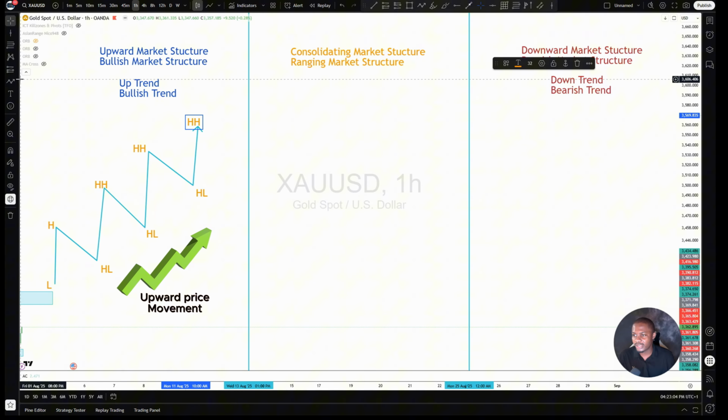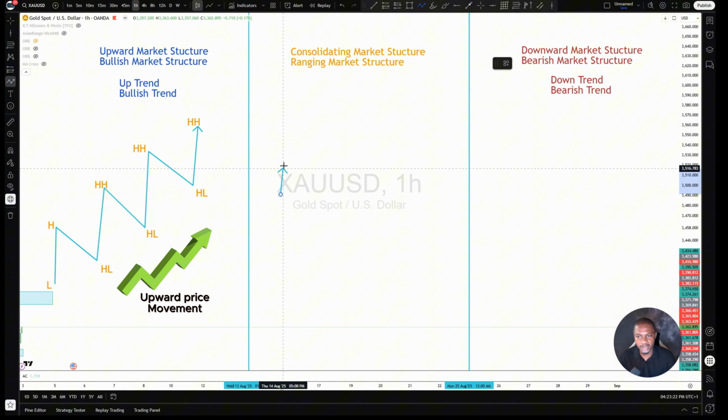For a consolidating market trend, this is when the market is indecisive. Like the market is not actually moving upward, neither is it moving downward. It's just moving sideways. That is ranging, flowing between a range. That's what we call a ranging market structure. Now, for a ranging market structure, the market moves like this. You don't really know exactly where the market is going.